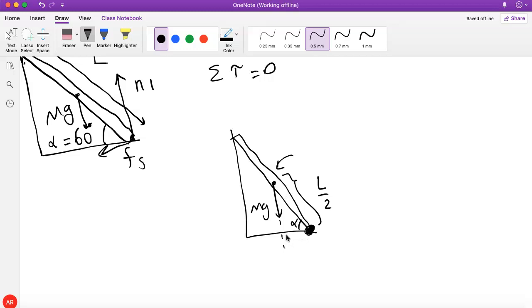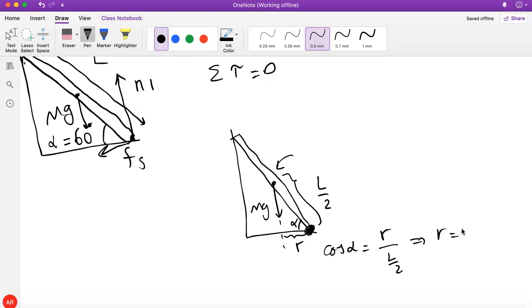And to find the magnitude, I can find this length here, perpendicular to the force from the axis. And that is going to be, if I look in this triangle here, the hypotenuse is L over 2, this is adjacent to angle alpha, so I know cosine alpha is, let's call that R, R over L over 2.